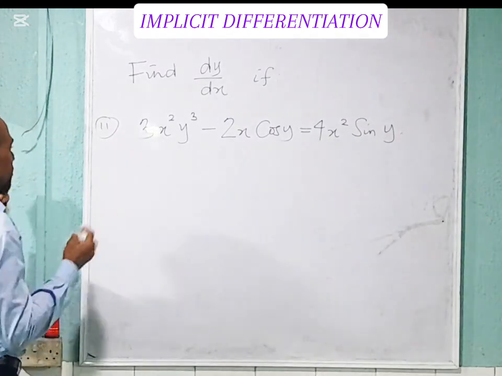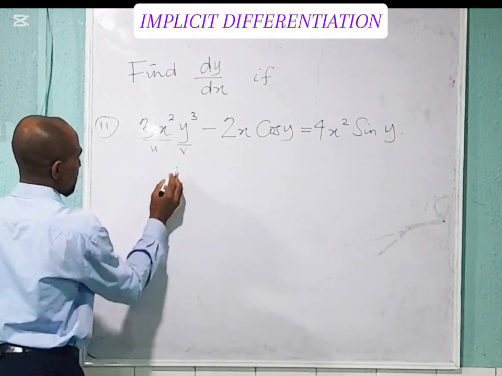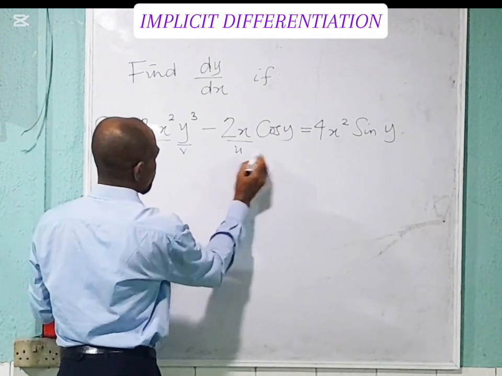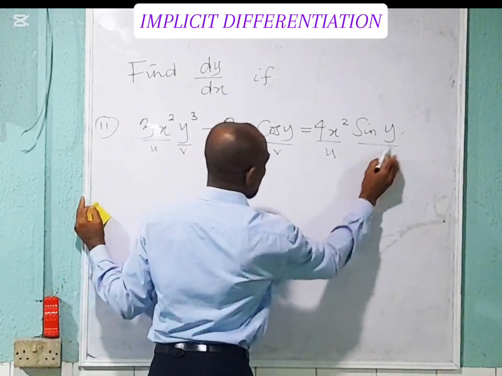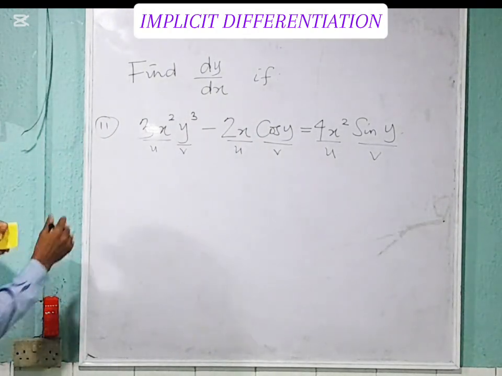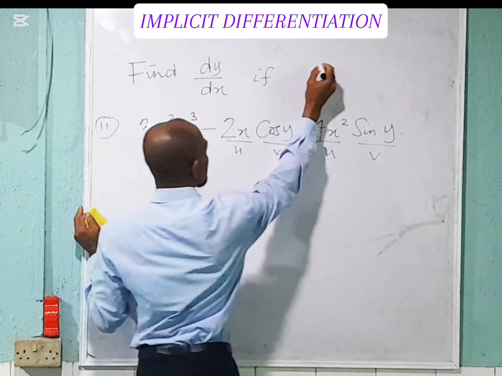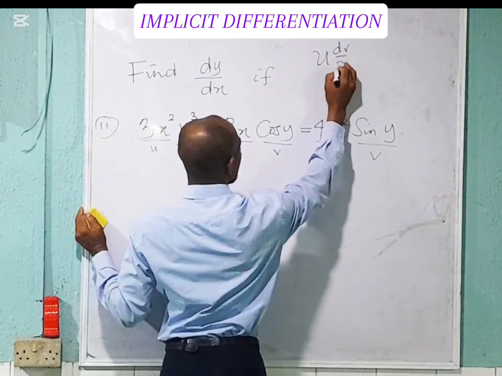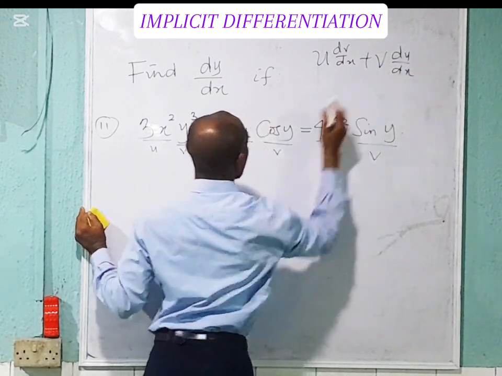So we are going to have triple product rules. So here, 3x squared is my u, y cubed is v. 2x is my u, cos y is v. 4x squared is my u, sin y is v. So we are going to have product rules in 3 parts. So let's go. For the first one, remember the product rule is simply u dv/dx plus v du/dx.